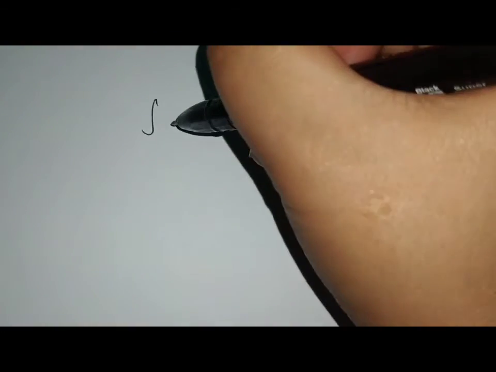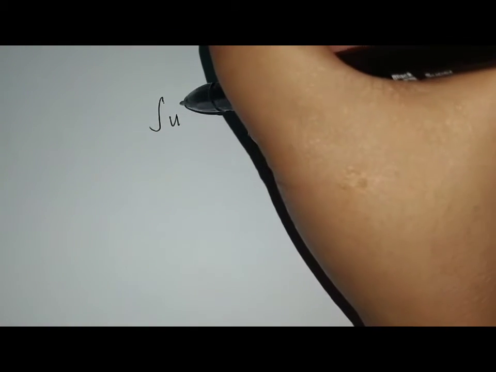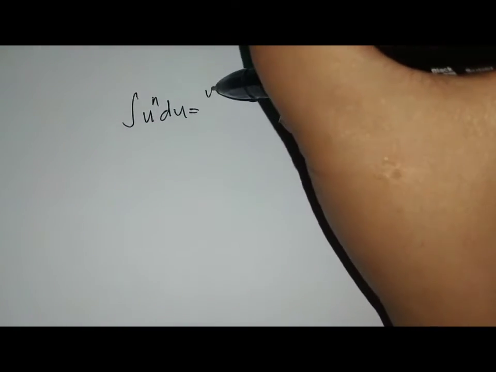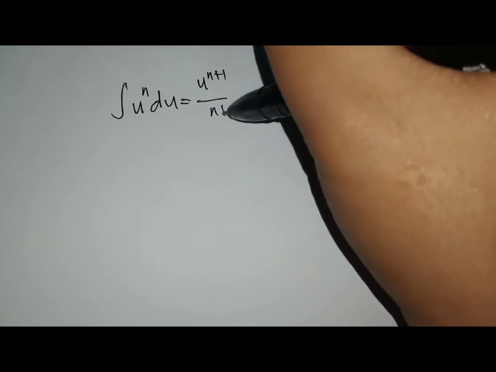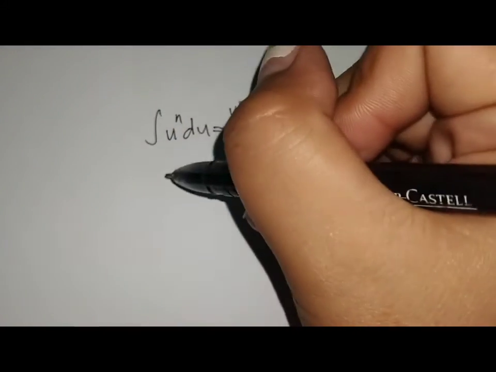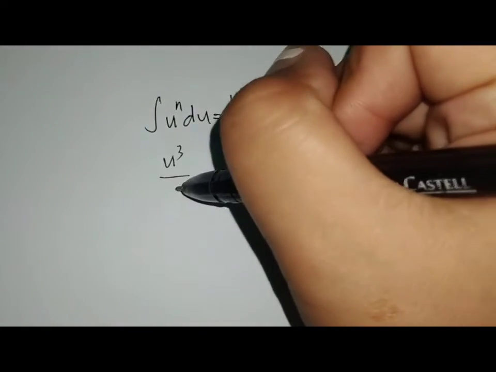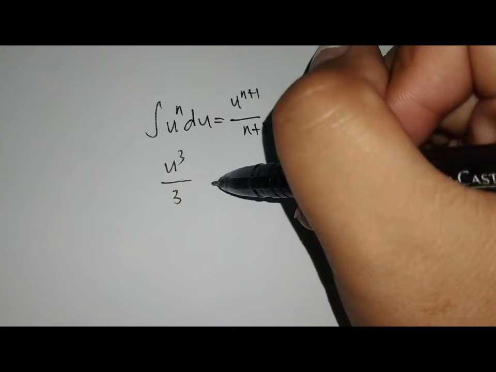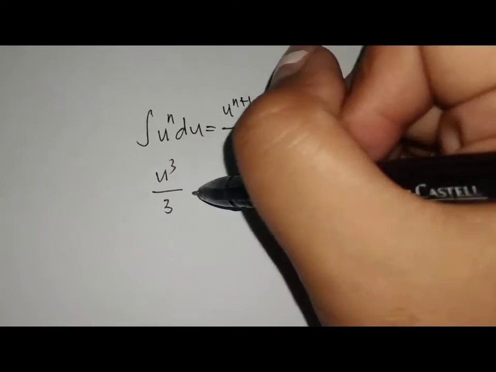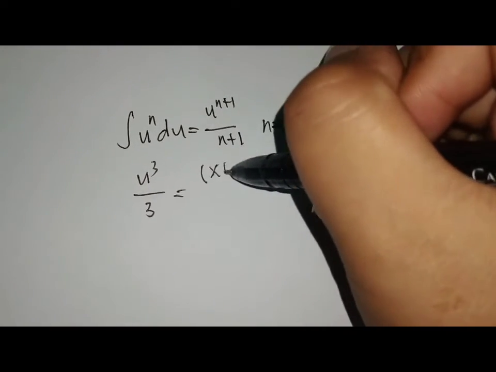Now let us apply the power rule. Integral u to the n du equal to u raised to n plus 1 over n plus 1, with n equal to 2. So it is equal to u cubed over 3. Now on the substitution, u equal to x plus 1. Here it is (x plus 1) cubed over 3.